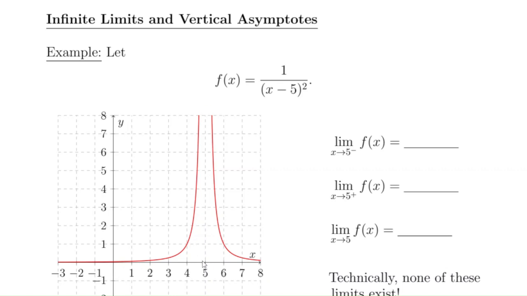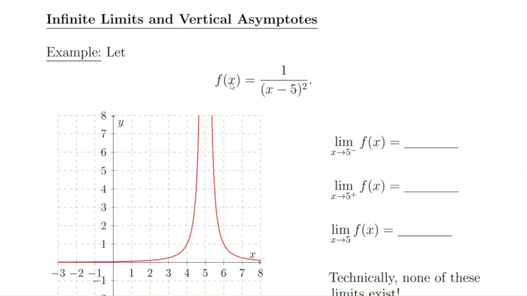But the question we could have is what's happening when we're plugging in values that are near 5? So what if we approach 5 from the right or from the left? We could talk about what's the limit as x approaches 5 from the right. If we plug in a number like 5.1, notice based on this graph, it looks like we're going to get a really big positive number. And the same thing we could see if we plug in 5.1 for x into the formula.